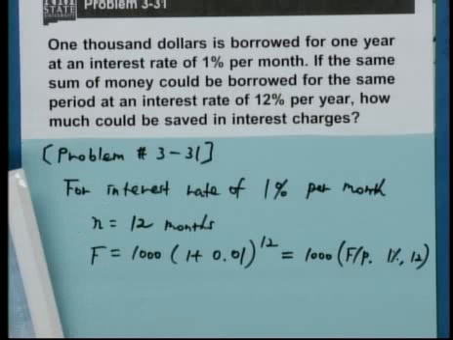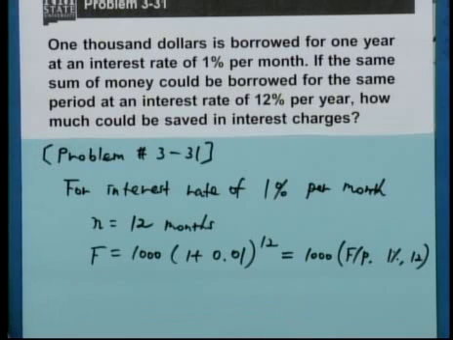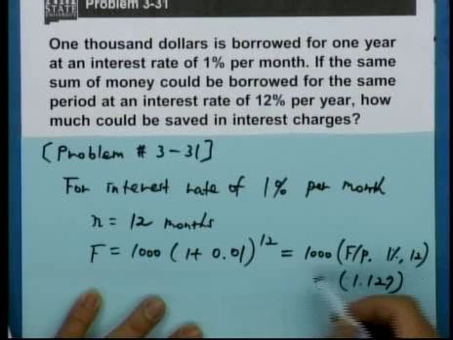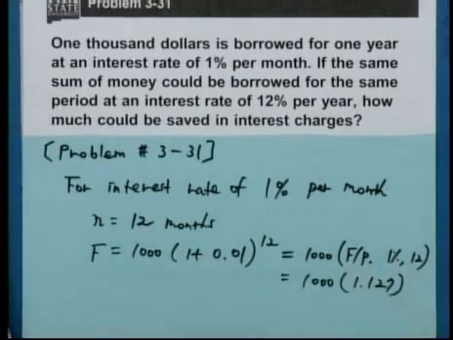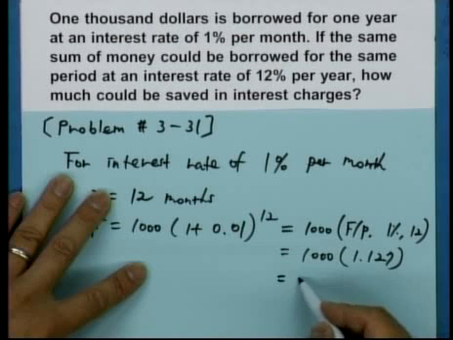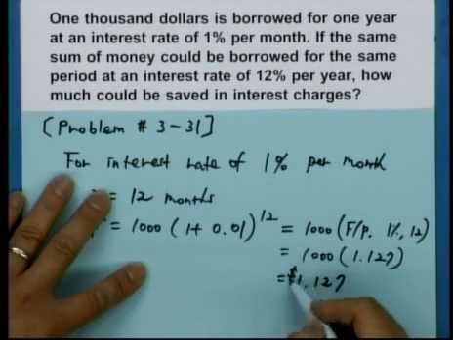The compound amount factor for 1% is provided in page number 598. So F given P at 12 periods, the factor value would be 1.127, times 1,000. So this is going to be $1,127. Okay?